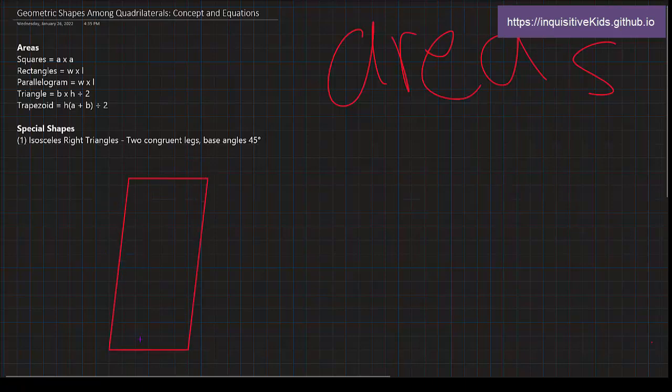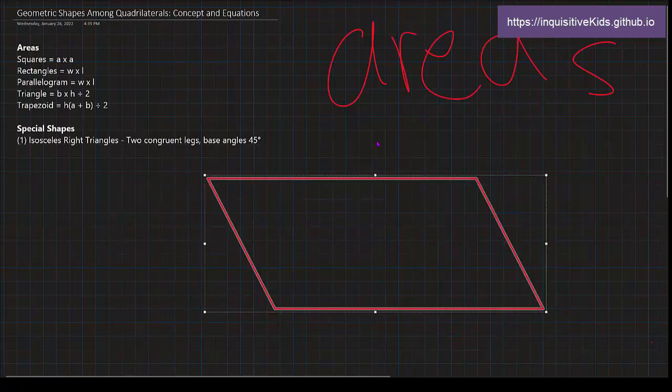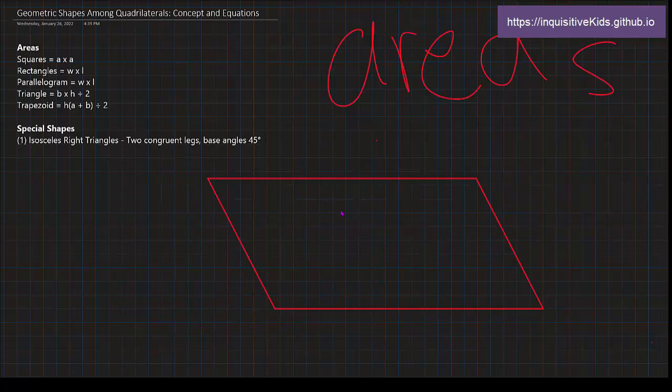So this is something I will be showing you. Now this is my parallelogram, right? Well, suppose I draw a line down here, right? You will see that it's going to become two triangles and one rectangle. The surprising thing is, what if I moved this triangle right here to this part?